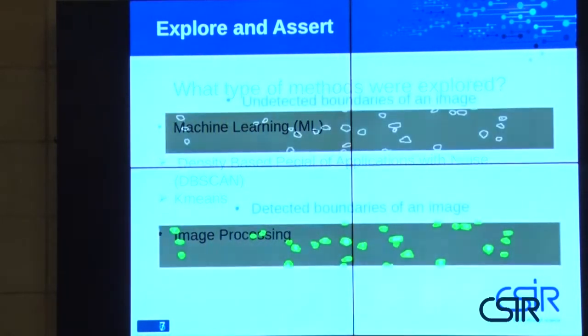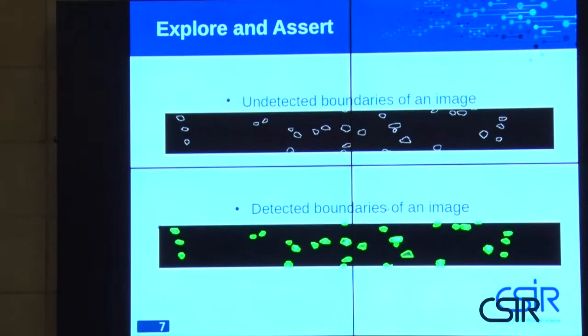So what you see here is the image processing. The first image shows the highlighting of the edges of the particles, and the second one is contouring around the particles. This is where we implemented the image processing technique.